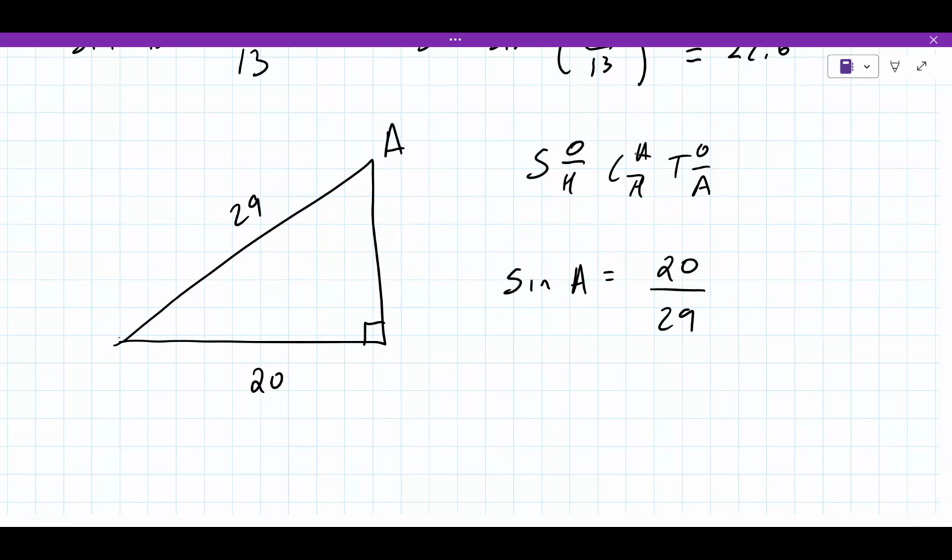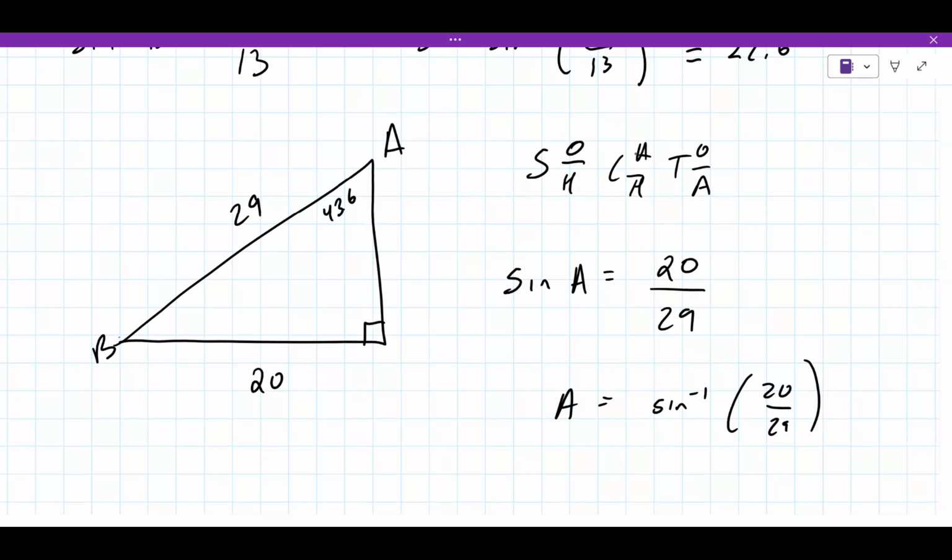To find A, we have to undo sine. A is the sine inverse of 20/29. Can you calculate that for us, please? 43.6. Okay, 43.6.